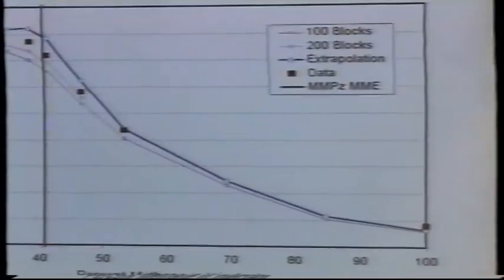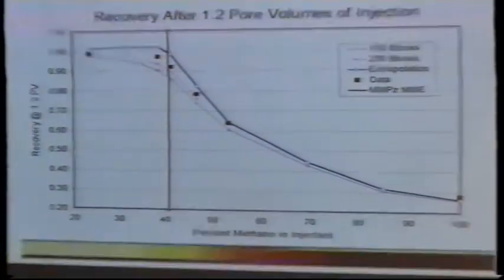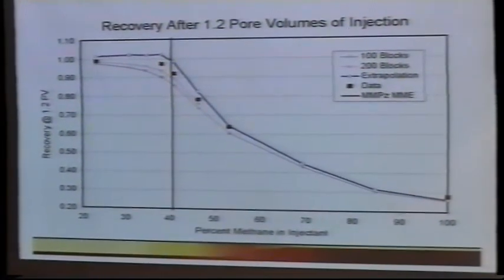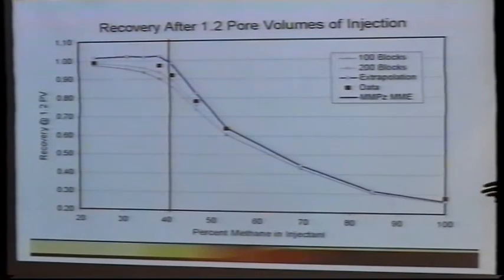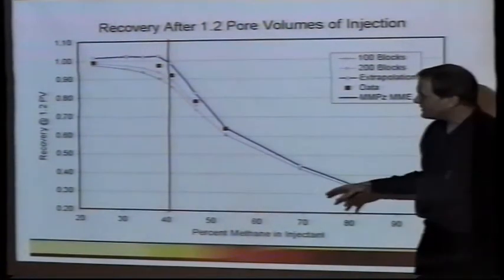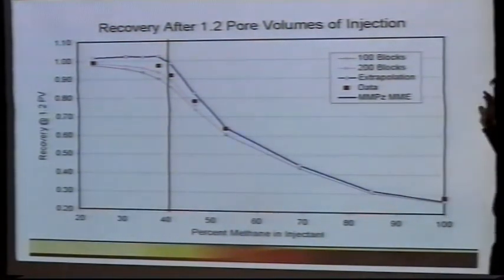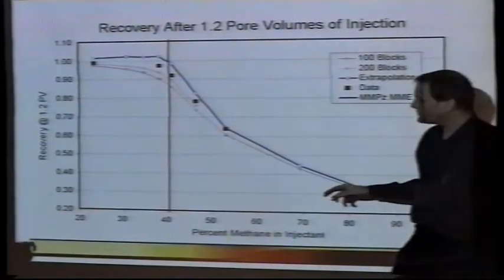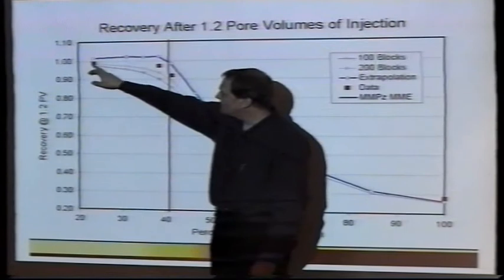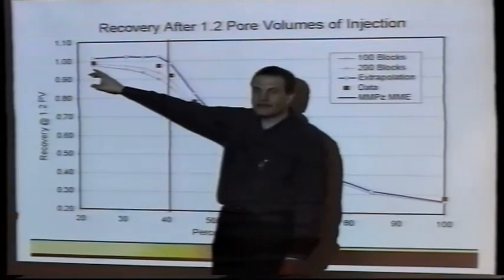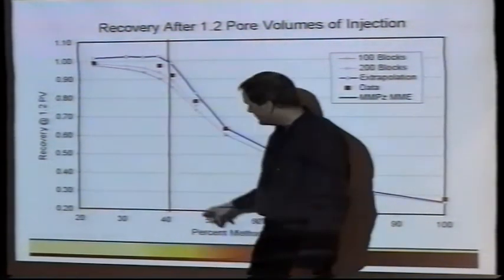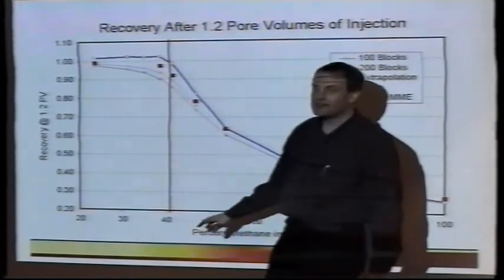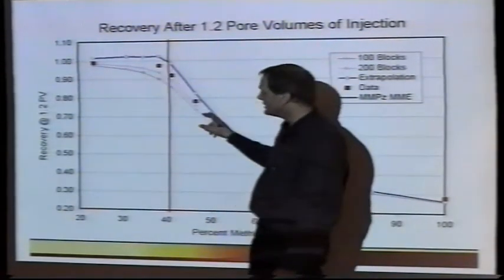Okay. Now, in a similar case, they took some data where they fixed the pressure at 3,100 psi, and they said, well, okay, we get miscibility with our pure base solvent, but how much methane can we add to that solvent before we lose miscibility?